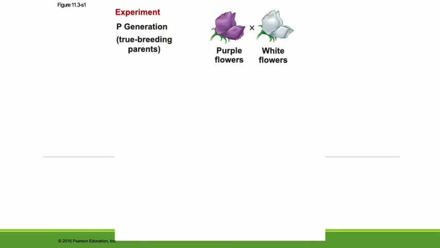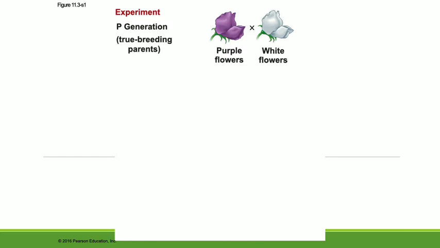Then he very carefully did that whole artificial breeding technique. We say that he crossed or artificially pollinated them with one another. So made sure that purple was the mom, so to speak, for plants, and the white was dad, or opposite.